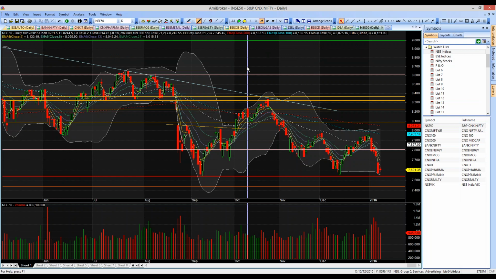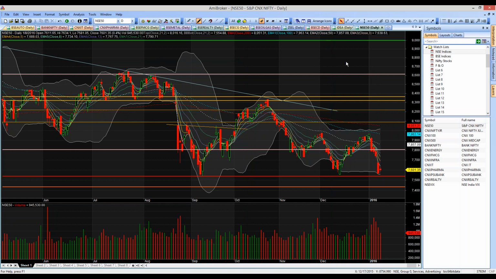All the data on the top header is for that particular day, wherever that vertical line is. So you can see that this is for 12th October 2015. If I move this vertical line somewhere else, please notice on the top left the date will change. Right now we are looking at 8th December 2015.